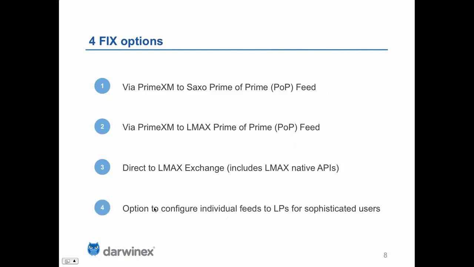And then, as I said, if you are a sophisticated user and have a large account, we could look into giving you the option to aggregate yourself from the individual feeds of the LPs of your choice. But again, this takes effort, both from our side and from the LP side. So it would take a larger account to justify the expense and the maintenance support.